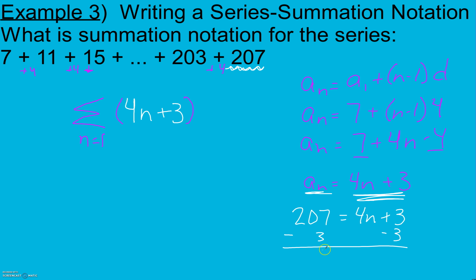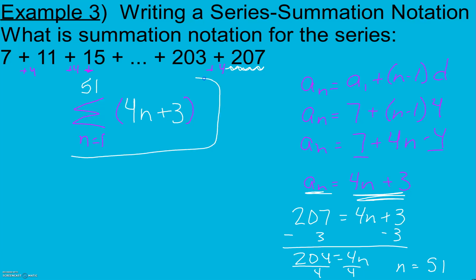Subtract 3, 204 equals 4n, which means n is going to be 51 when I divide by 4. So, 51. I have the summation from n equals 1 to 51 of 4n plus 3. And that is my summation notation.